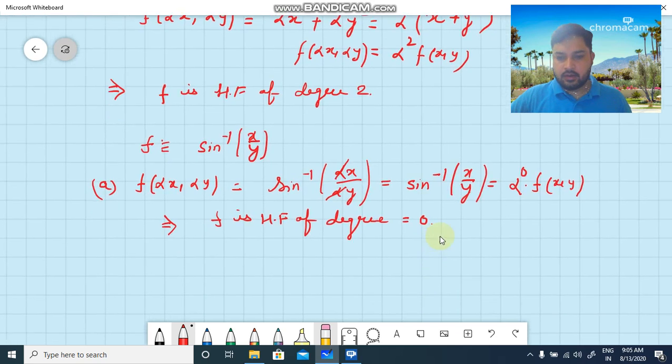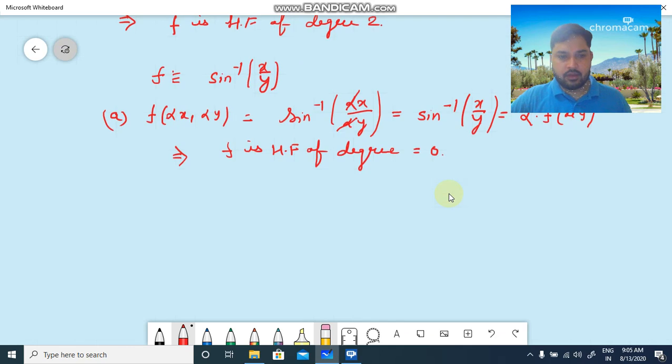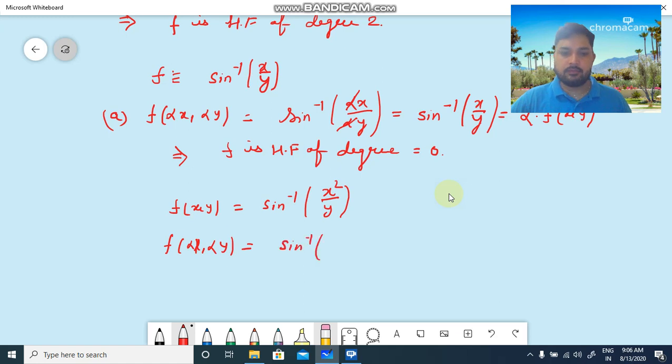Now I will give you an example which is not a homogeneous function. For example, if we take f(x, y) equal to sine inverse of x square upon y, then we observe f(αx, αy) is equal to sine inverse of α square x square upon αy.